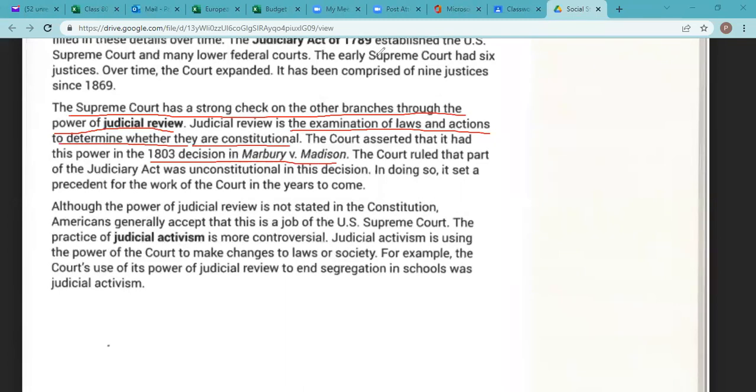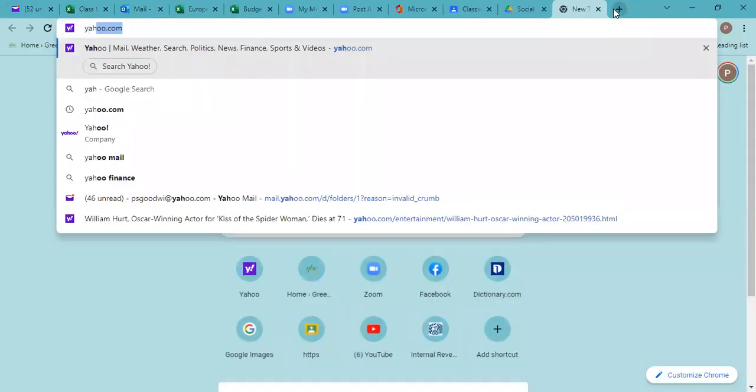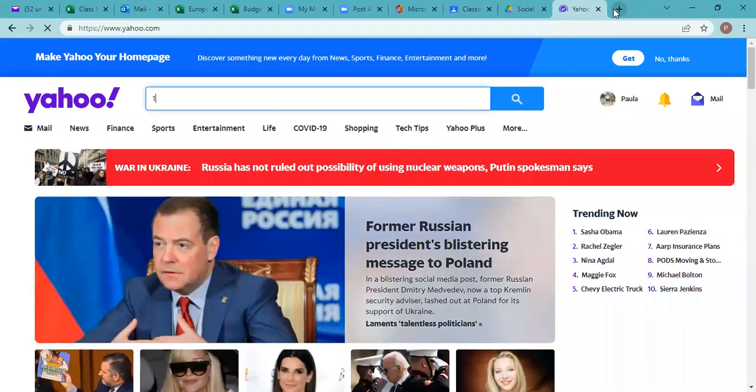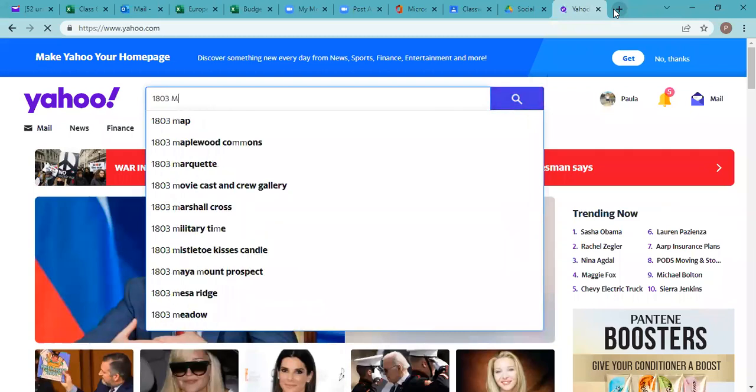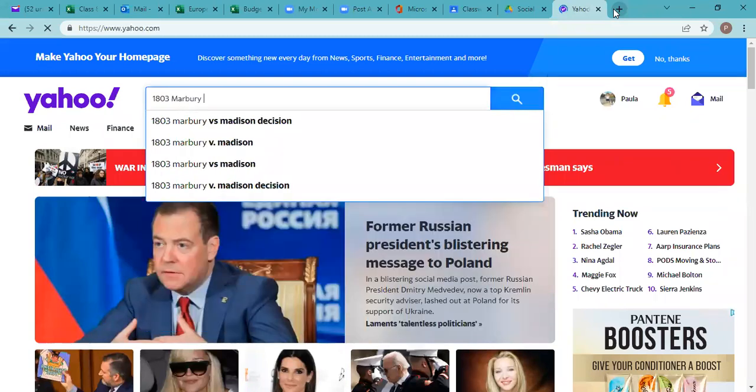Okay, so if we were to go and say, okay, what is the 1803 Marbury versus Madison? What was so big about this case? Here we go.